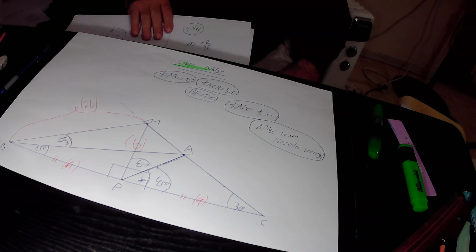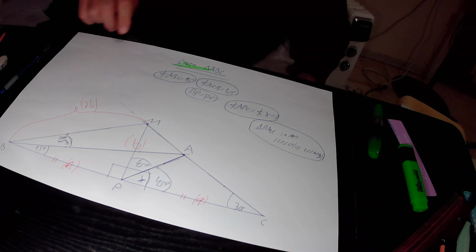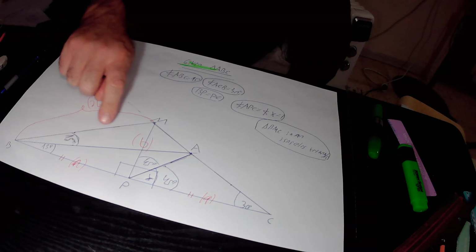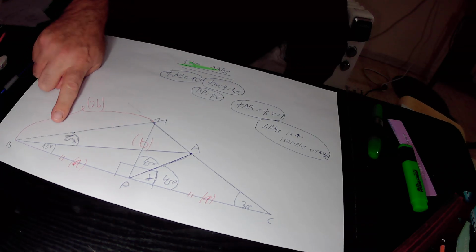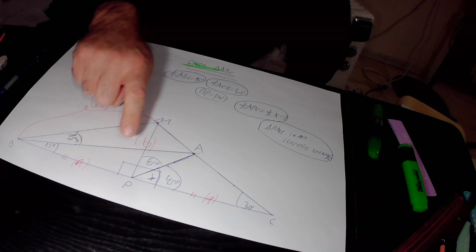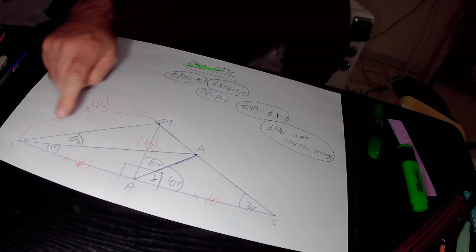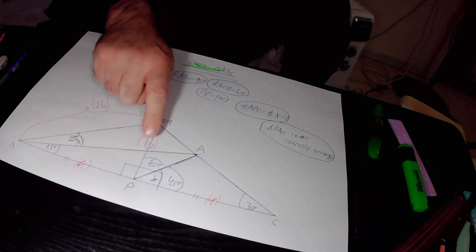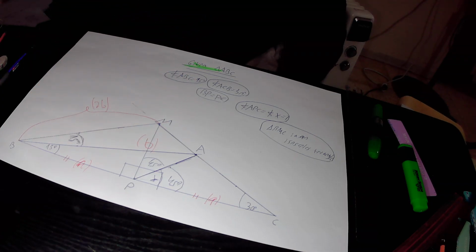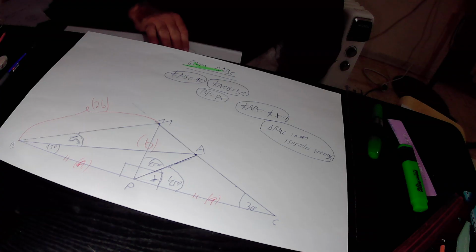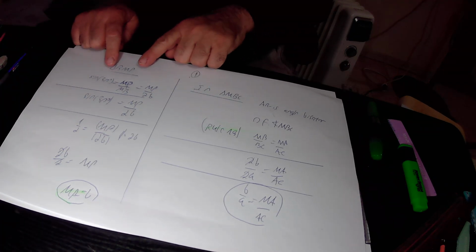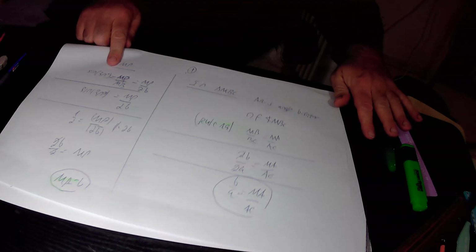In the next step, we focus on this right triangle BMP. In the right triangle BMP, sin 30 degrees equals MP over MB.